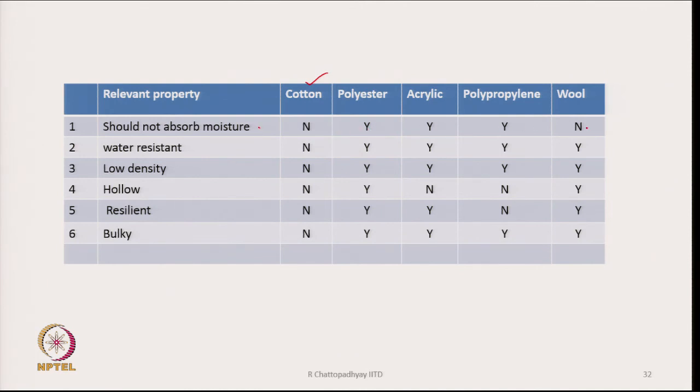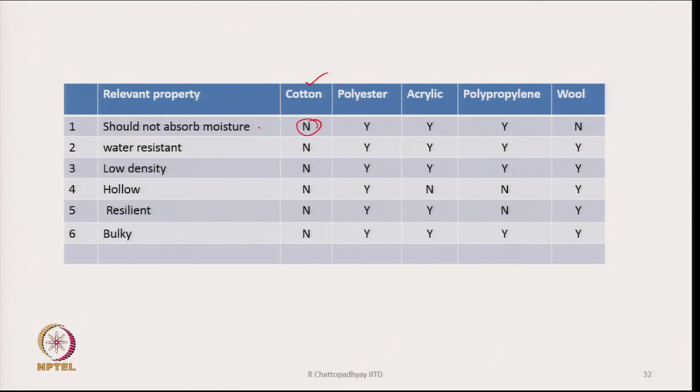If we look at these fibers, cotton is no, cotton absorbs moisture. Water resistance, Y means yes, no means no. You see, in most of the desired properties, cotton is no for almost everything. Therefore, cotton cannot be used in this particular layer.